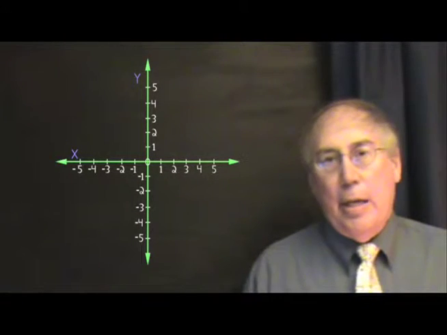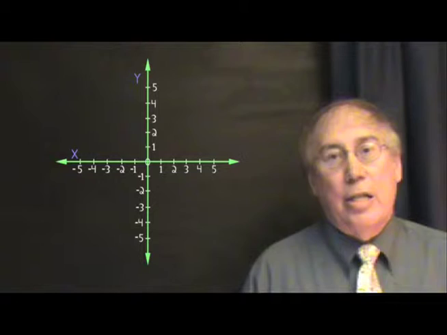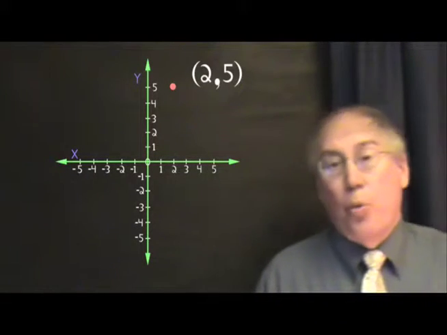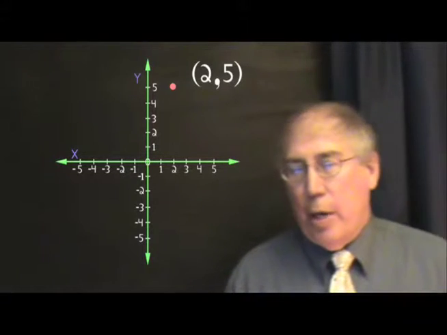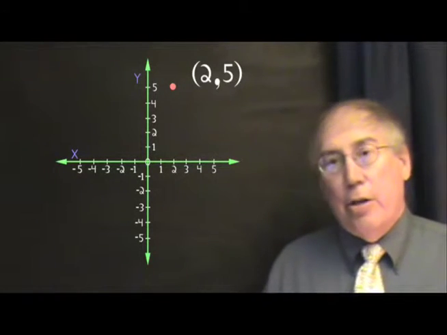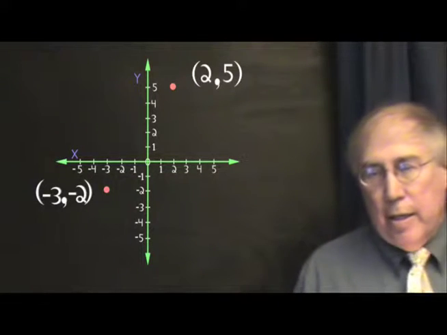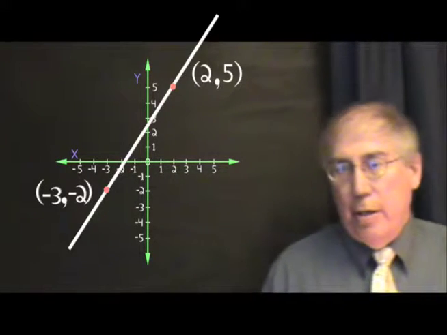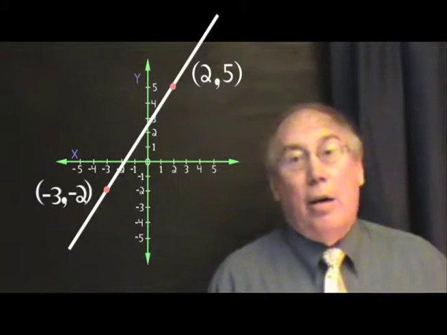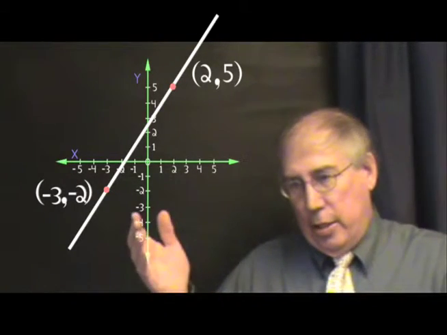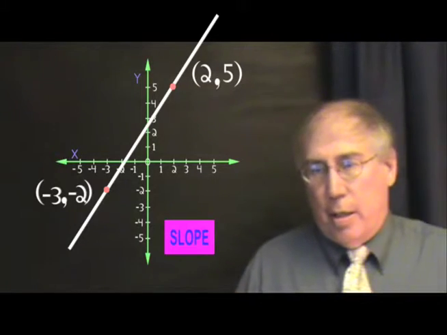So let me give you a couple more points here, and we'll solve this mathematically as far as the slope is concerned. So we have our ordered pair (2, 5), and then we have another ordered pair in the third quadrant there, (-3, -2). Now, it doesn't make any difference which way you subtract these y and x values.